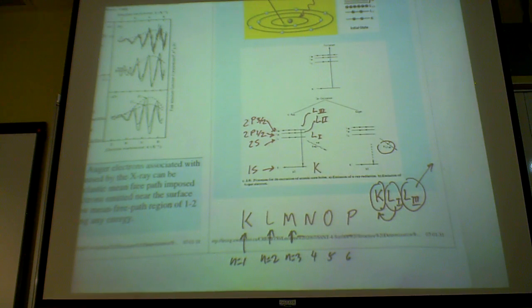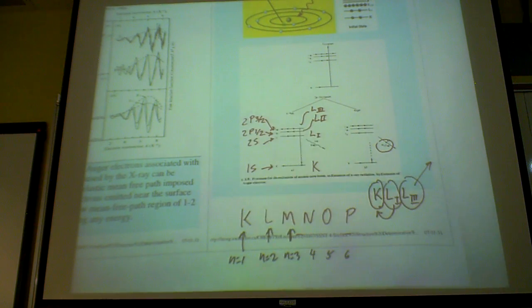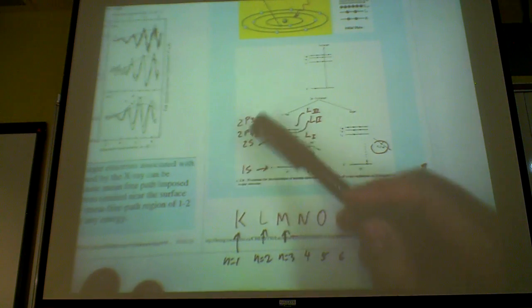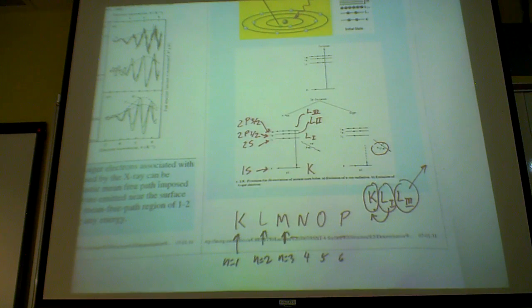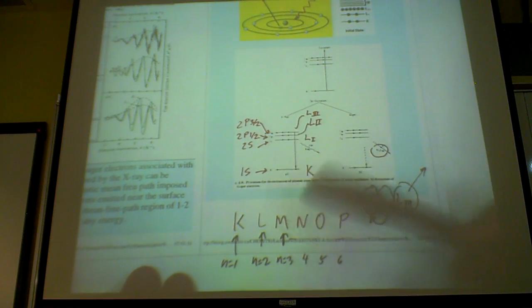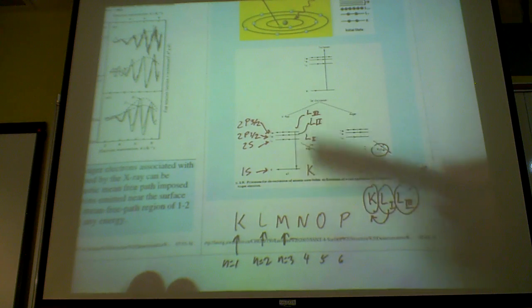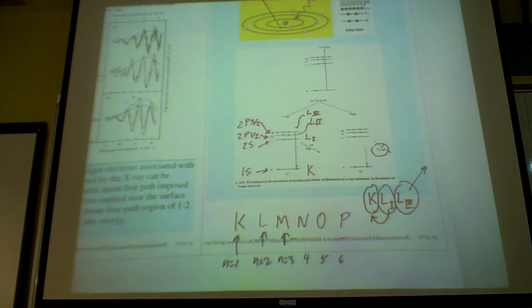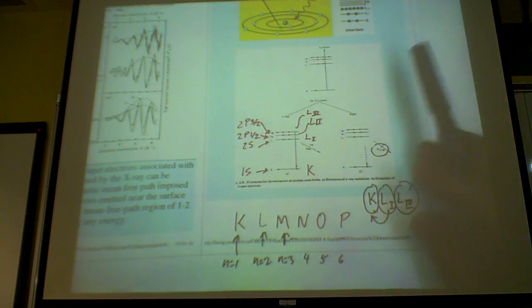Okay, so when you see this notation, you understand what the physicists are talking about. They're really just talking about the same thing as the chemists, except the chemists are more precise because they use spin-orbit coupling and so forth, whereas the physicists just label them. Okay, all these are X-ray notation.